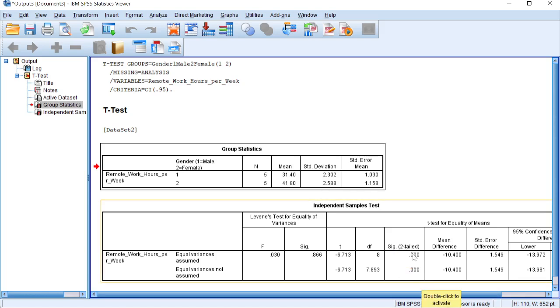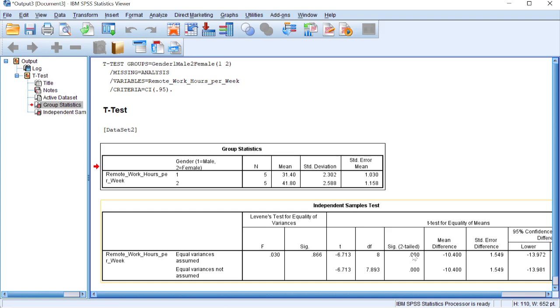This is 0.00. So definitely when you have 0.00, it means that it's actually small. And according to the principle, which says that if it is less than or equal to 0.05, it means that it's significant.